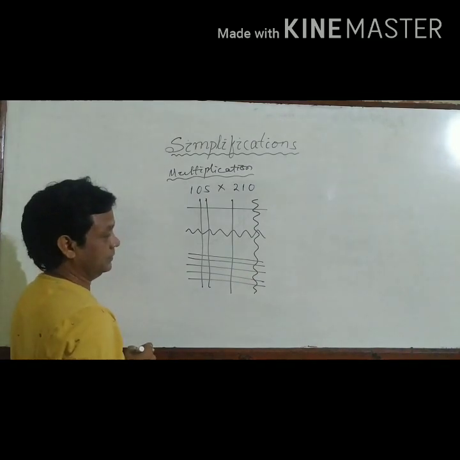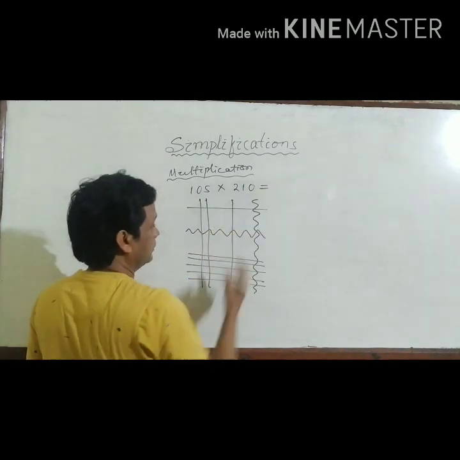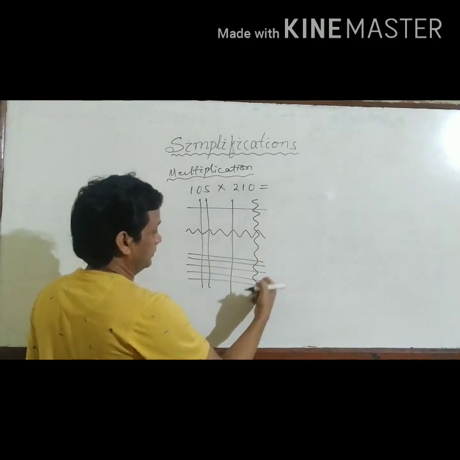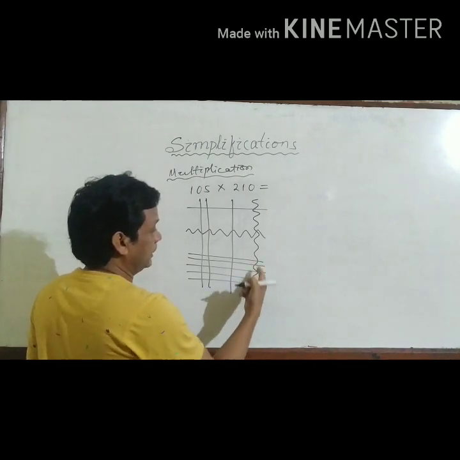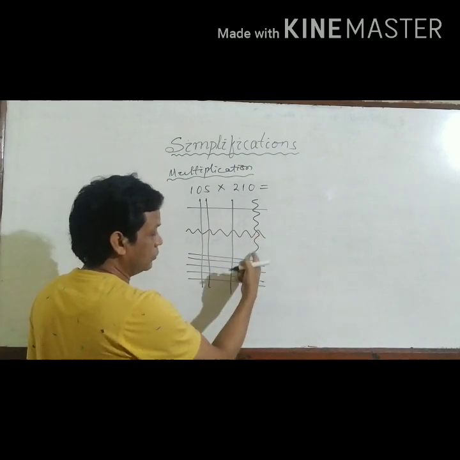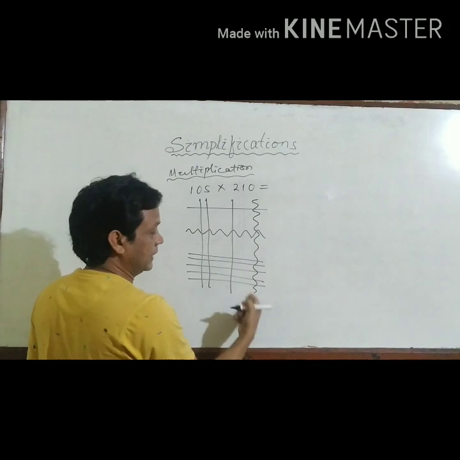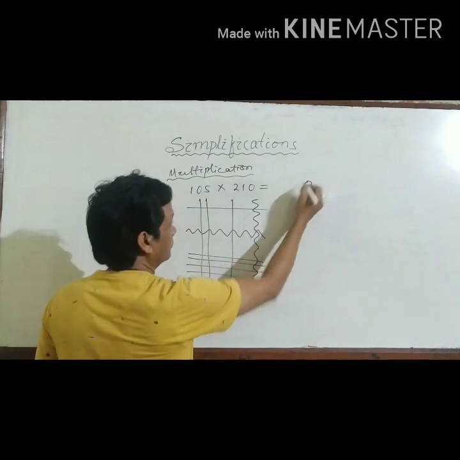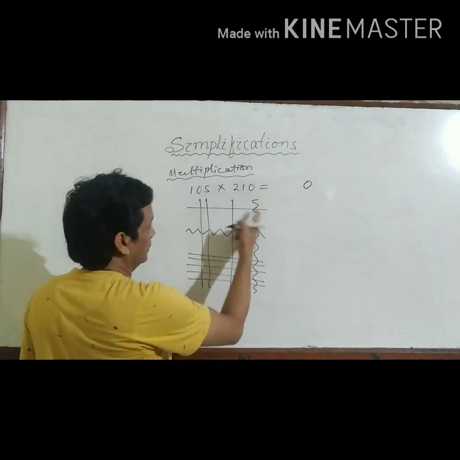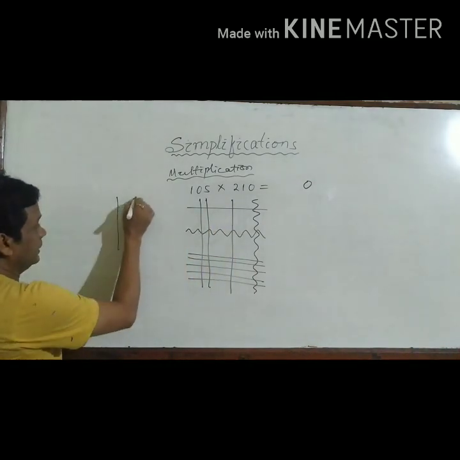Then let us calculate. The answer will be, first, see here, calculate this one. This is not a straight line, so there is no point of intersection between two straight lines, so this one is 0. And then, see here.